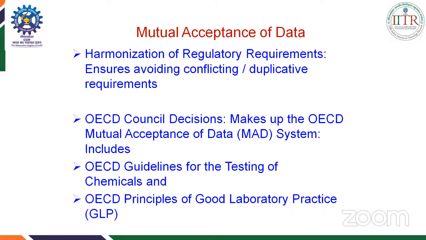I will be talking about that in subsequent slides. And the OECD principles of good laboratory practice govern the way a GLP facility should be set up, so all the operational and functional requirements of a GLP facility.